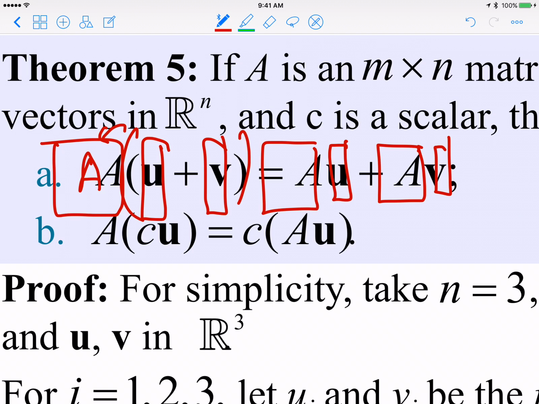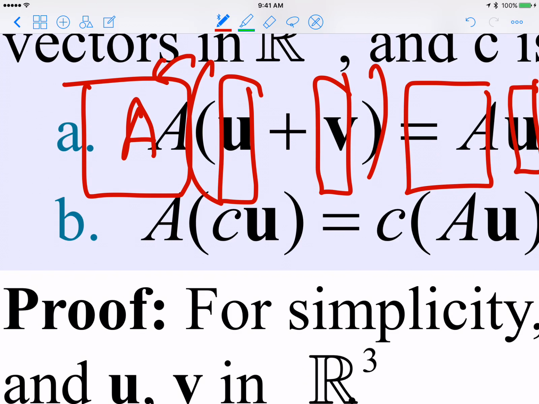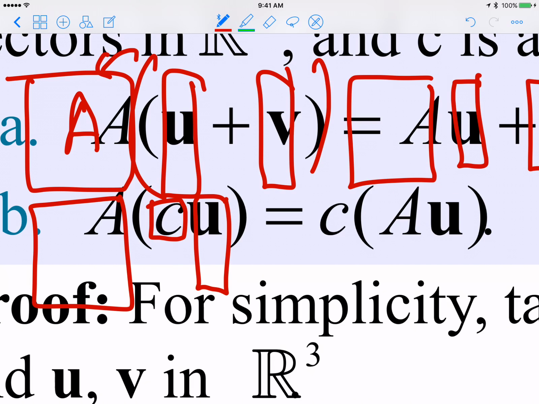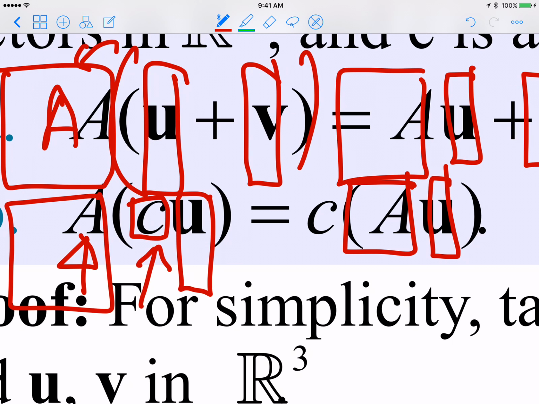And then the next example is we have a matrix A, and then we have some scalar C, and then some vector U. So we first obtain the scalar multiple of the vector U, and then multiply by matrix A. It is the same as this matrix times vector, and then we have the scalar multiple at the end.